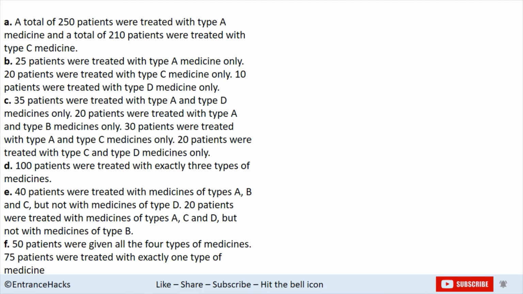So in this type of question, what we do, we first make a box. And for A, B, C, and D, we make a box like this.